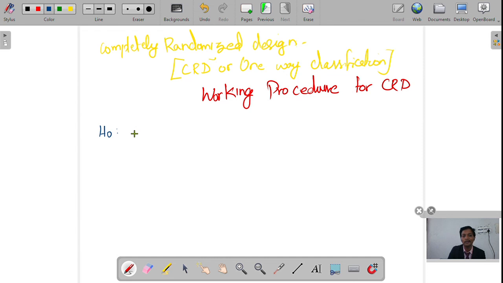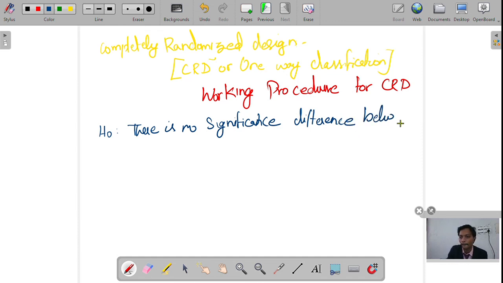A set of samples will be given. H0: there is no significant difference between the samples.